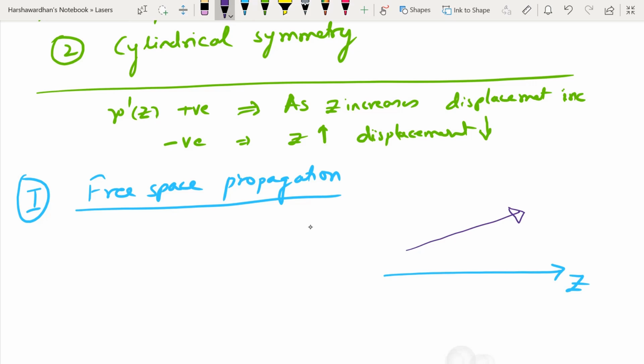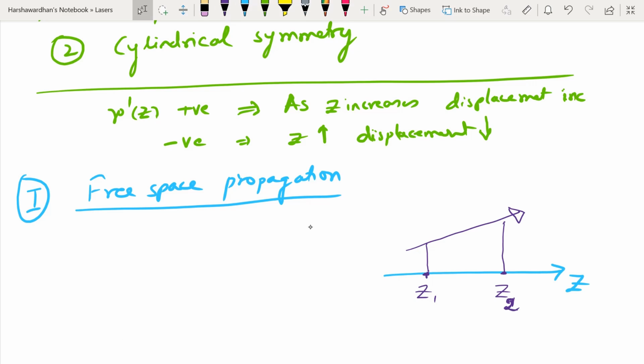So I am looking at a location z1 and I'm asking about free space propagation from z1 to z2, right? So the question I'm asking is what happens to the ray as I propagate from z1 to z2?